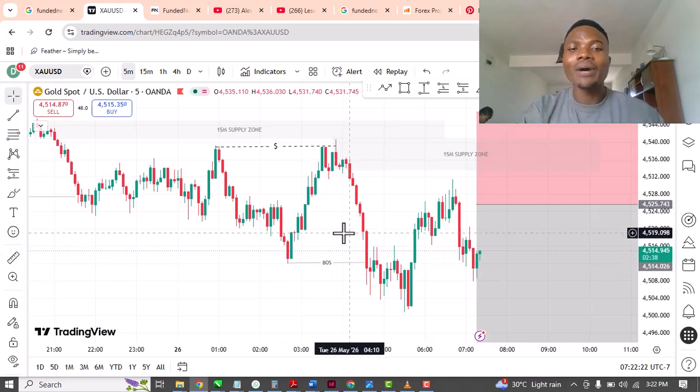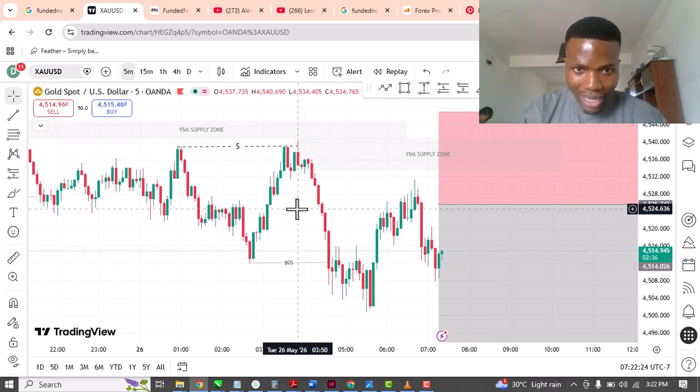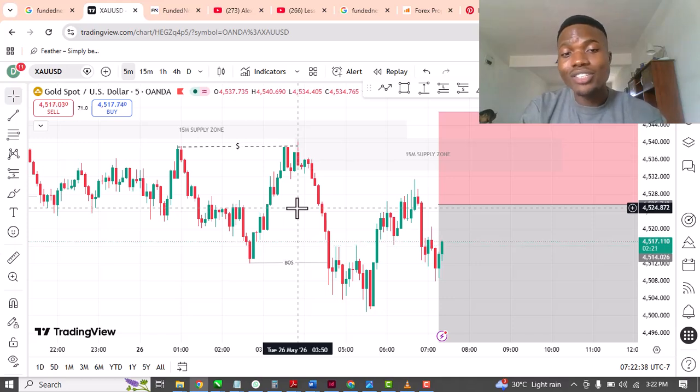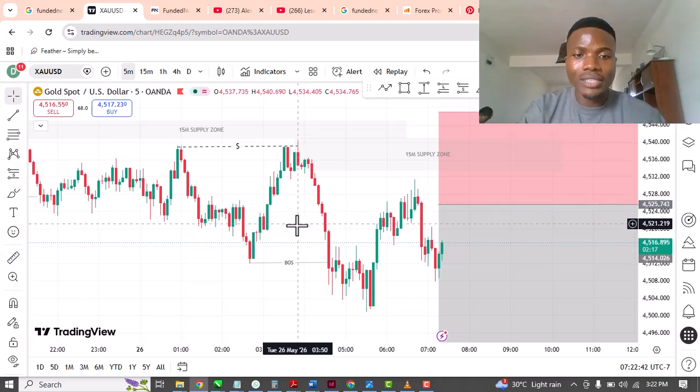If you look at the time below here, it is around 3:50, so let's just leave the time. The most important thing is that price made a 5 minutes break of structure.